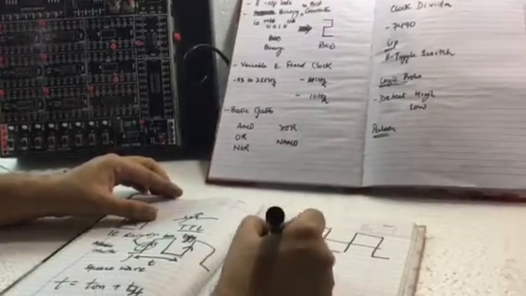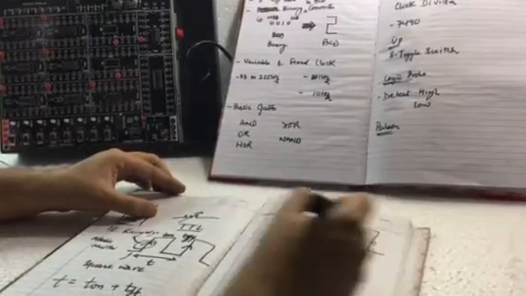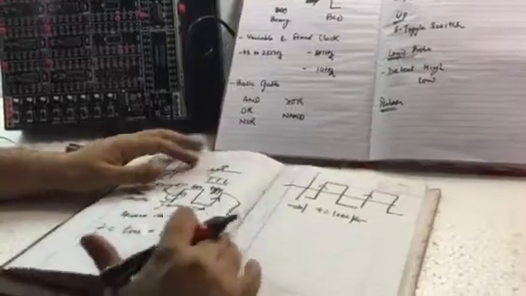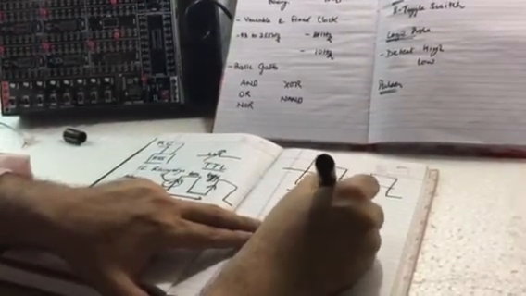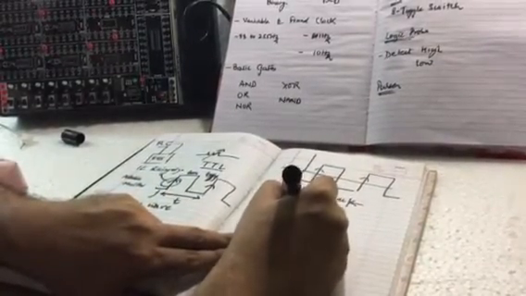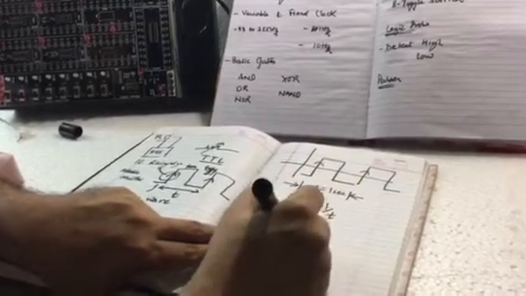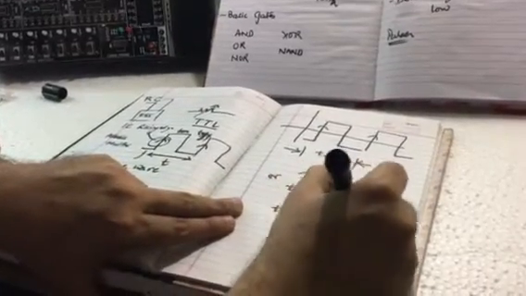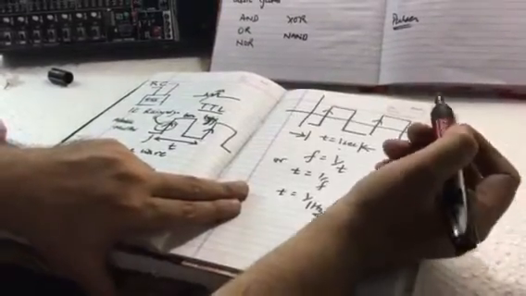The time taken for the signal to go from one high to the other high will be 1 second, because we know that frequency is equal to 1 upon T. So if I say that my frequency is 1 Hz, then my time will be 1 second, which is here.